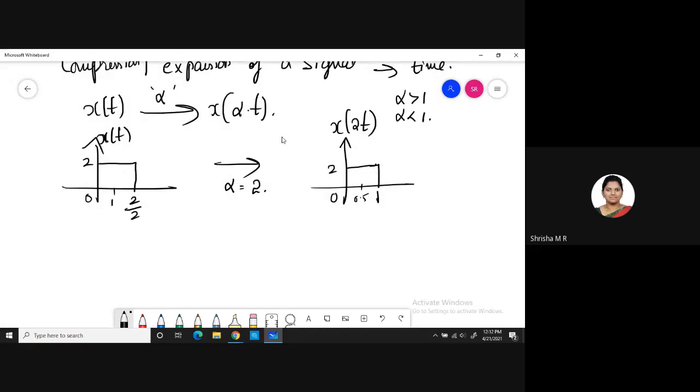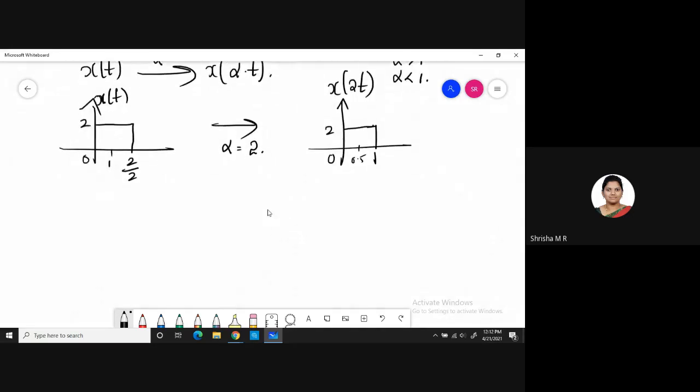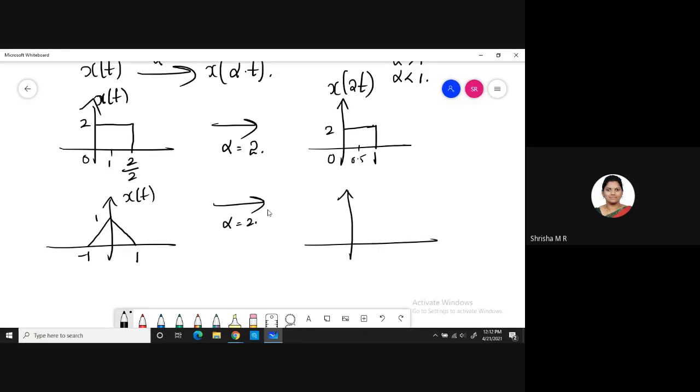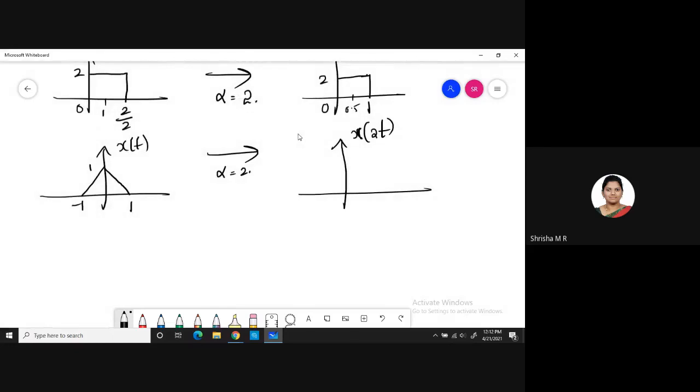We'll take one example. I'll show you by taking iterations for time. Suppose I have a signal x of t existing from -1 to +1 with an amplitude 1. I want to scale it by a factor 2, so my signal will be x of 2t. We'll equate it to y of t, so y of t is equal to x of 2t.